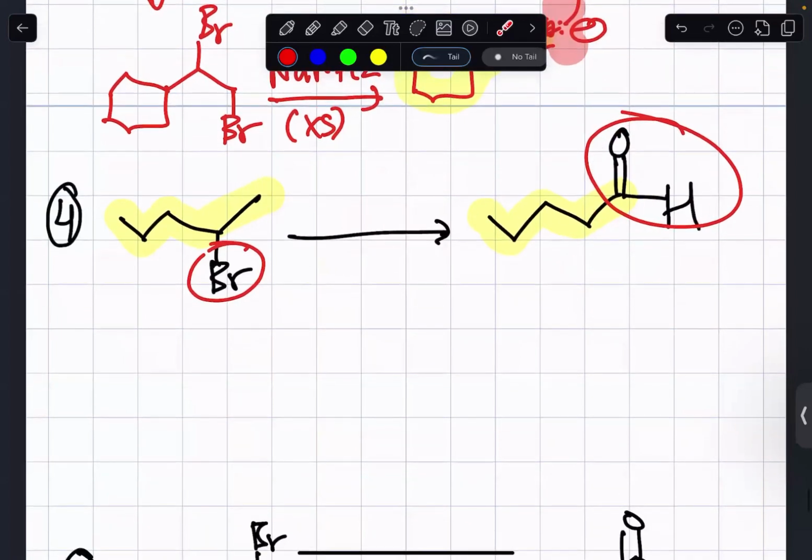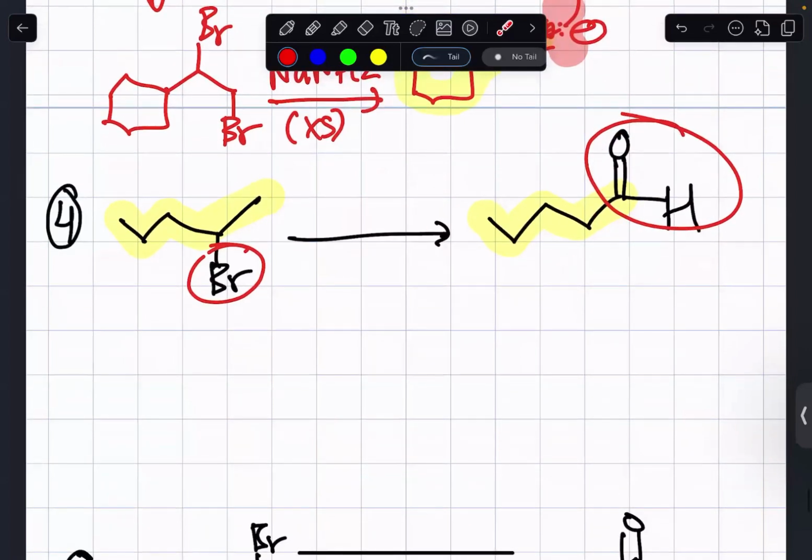Number 4, tautomerization. Yeah, so that's one way. Yes. LDA, HgOAc, NaBH4, PCC. So when you do LDA like that, right?